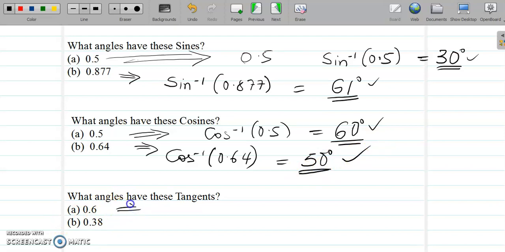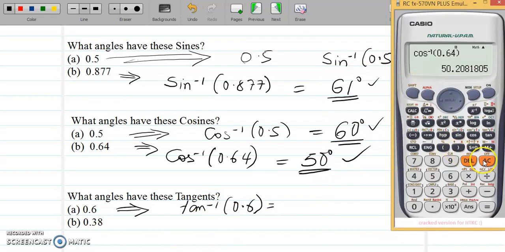Now, what is the angle that has this tangent? For me to find this, we have the tan inverse. The angle is the tan inverse of 0.6. I'll press shift tan, it will give me tan inverse, 0.6, close bracket.